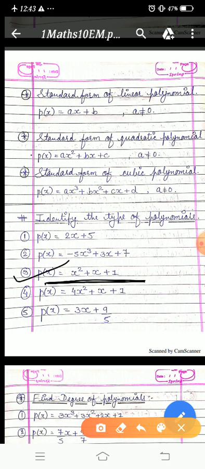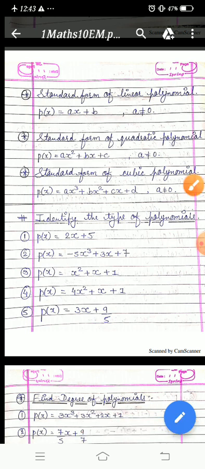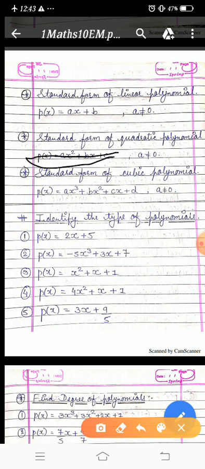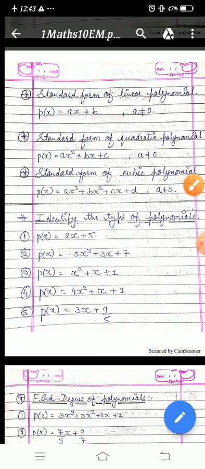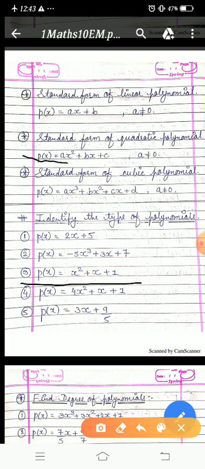So by comparing x square plus x plus 1 with the standard form ax square plus bx plus c, the value of a will be equal to 1, the value of b will also be equal to 1 because b is the coefficient of x, and the value of c is also 1 because c is the constant term. So that's it.